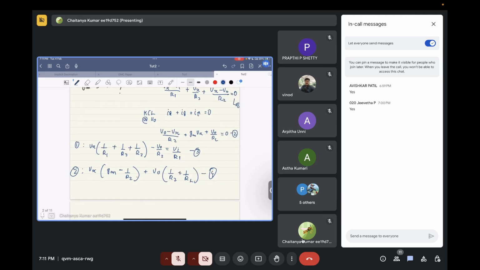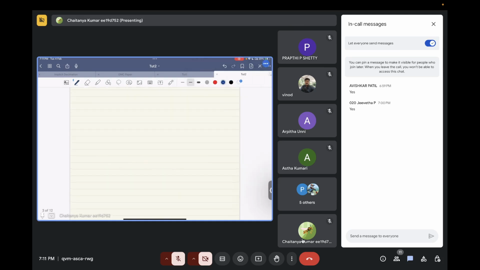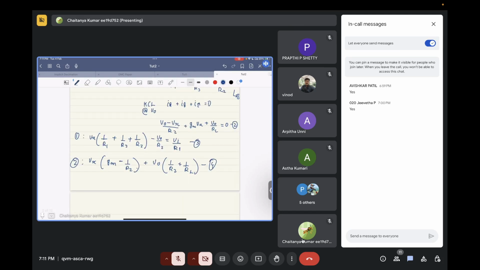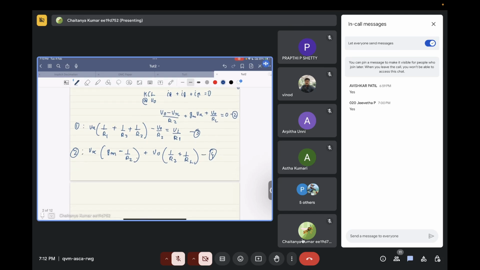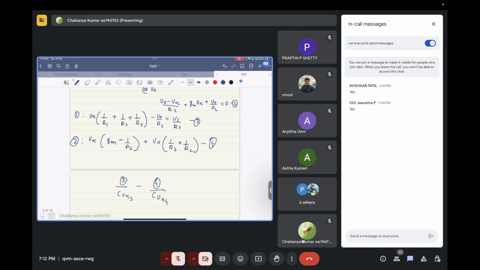So what are we interested in? We are interested in V naught, right? So what we can do is divide equation 3 by the coefficient of Vx, let's call that CVx3, and subtract it from equation 4 divided by its coefficient of Vx, CVx4.